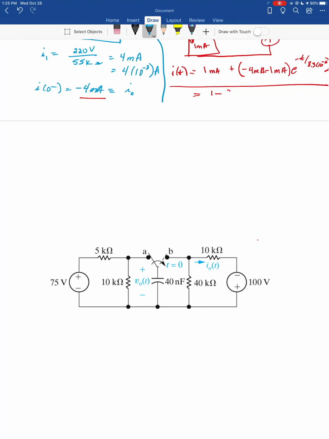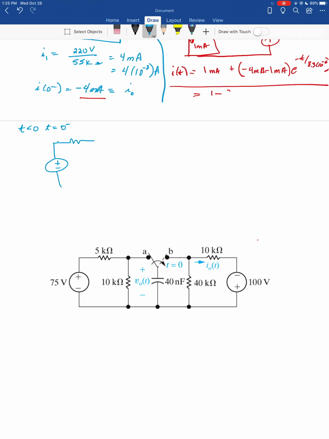So we're going to continue with examples that have both an initial and a final value, because they're essentially a step response. Let's look at this circuit. The switch is in position A for a very long time.